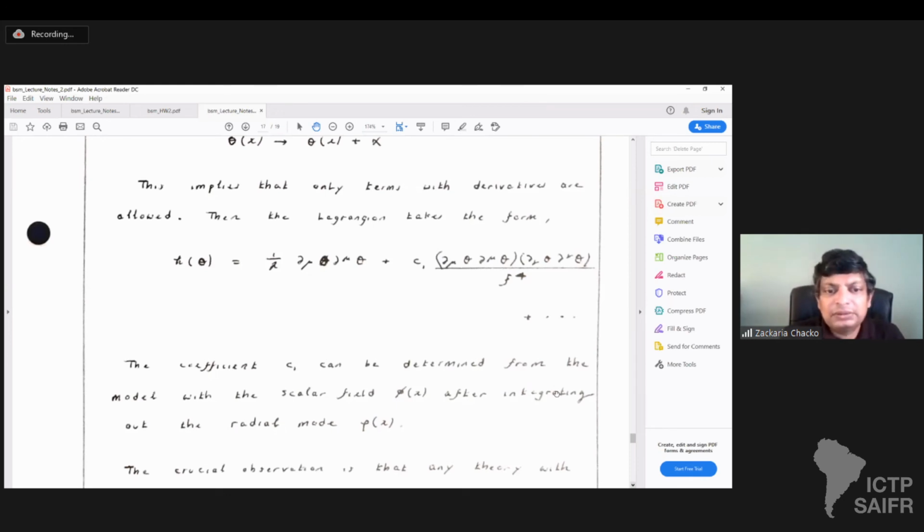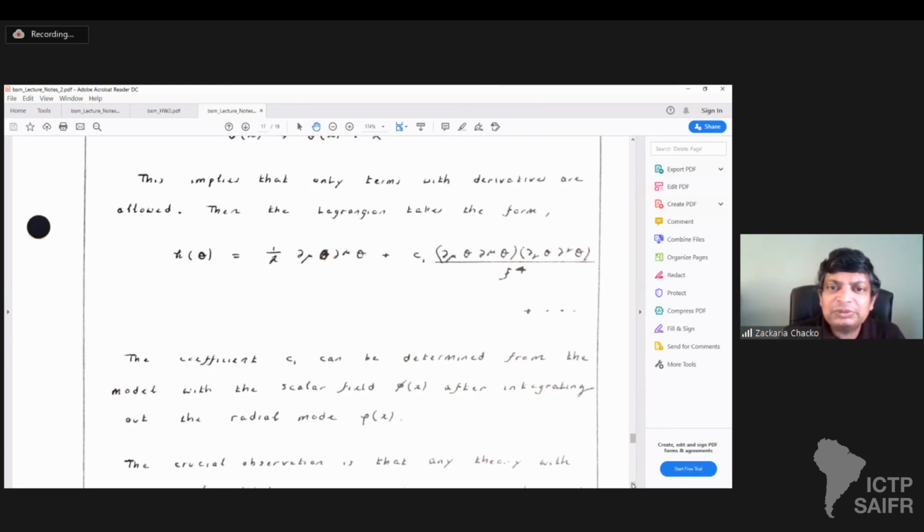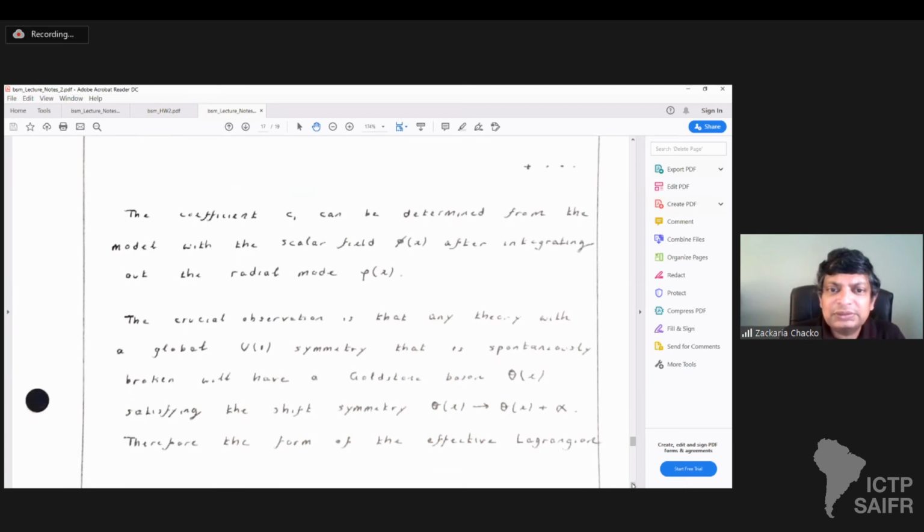But the crucial observation is that any theory with a global U1 symmetry that is spontaneously broken will have a Goldstone boson theta of x that satisfies this shift symmetry.